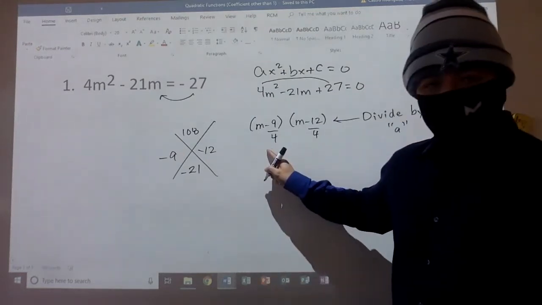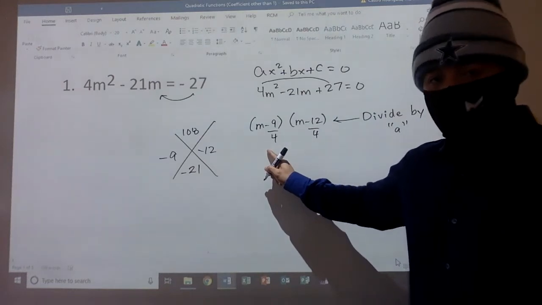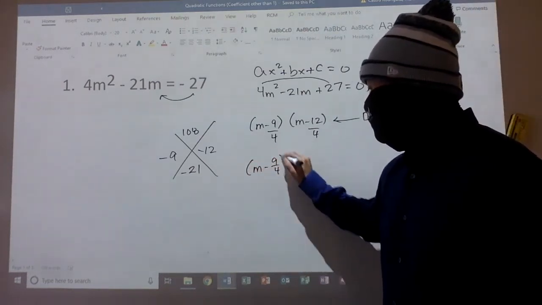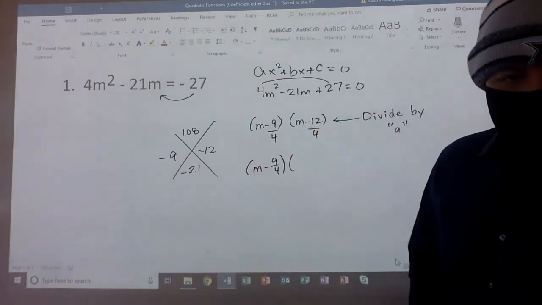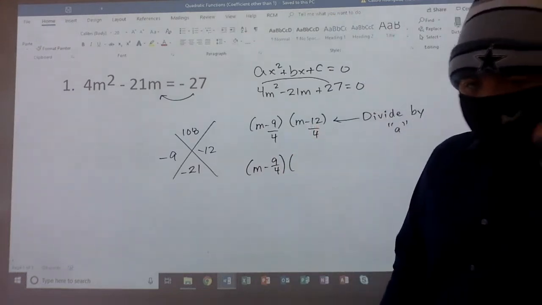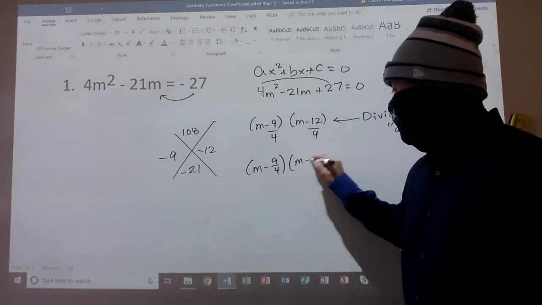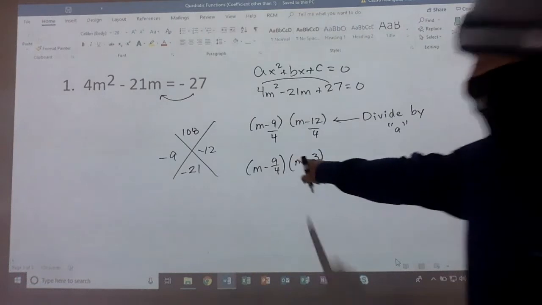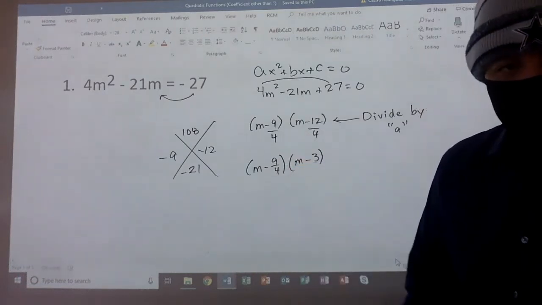You type in -9/4 and you're gonna notice you cannot simplify it, so it stays the same. If you type -12 divided by 4, obviously, what's 12 divided by 4? It should be m minus 3. Again, that fraction, you gotta simplify it in a fraction simplifier.